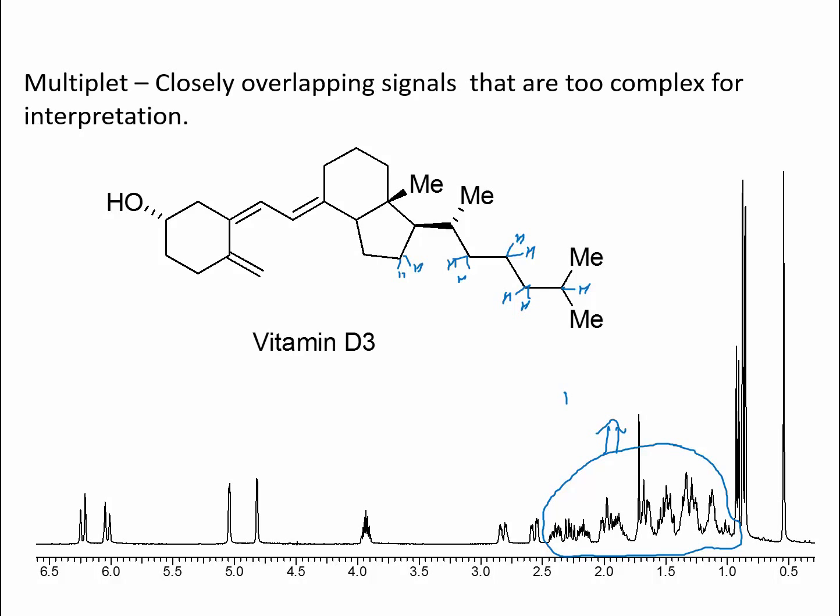This is called a multiplet. We can't tell the patterns because of signal overlap. Okay, so there's lots of hydrogens, but we can tell certain specific hydrogens here.